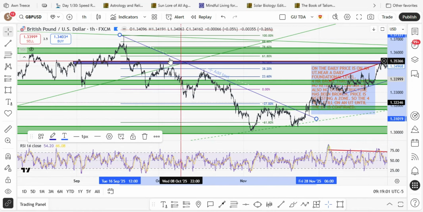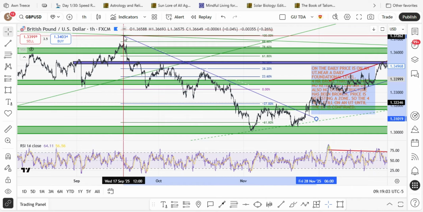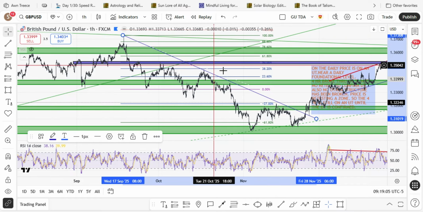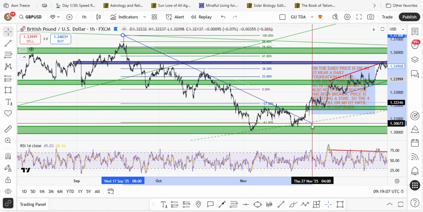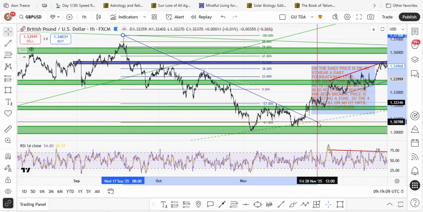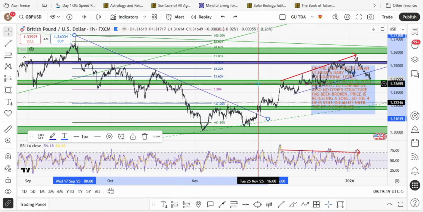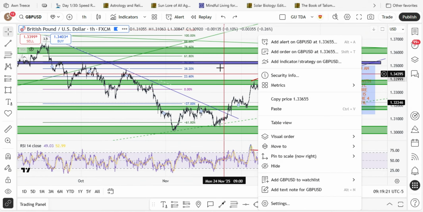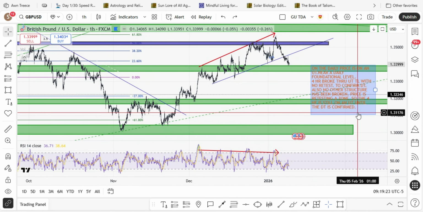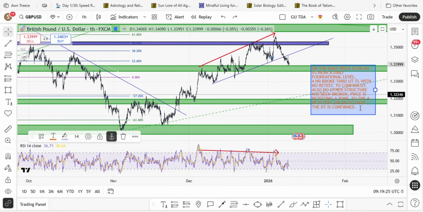It was broken and retested. Okay. One arrow on an uptrend.